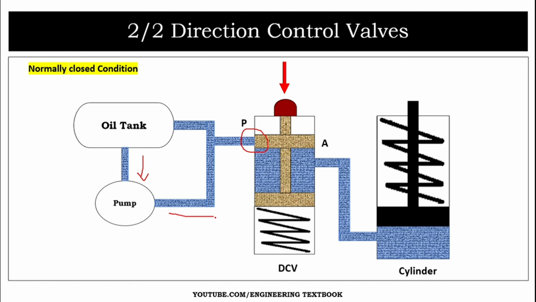The pump pressurizes the oil and it flows to port P. But as port P is blocked here by the piston of the direction control valve, the oil flow has stopped here. So oil is not flowing to the cylinder through port A. So port A is not connected to any other port. So both the ports are not connected. So we can say that this directional control valve in this case is in normally closed condition.